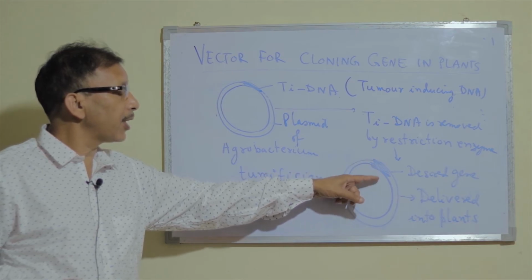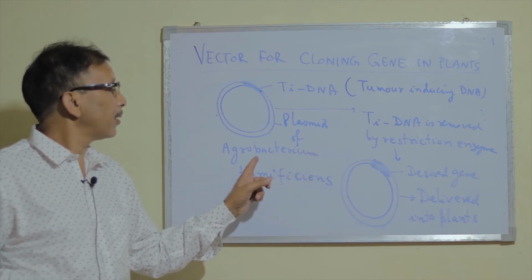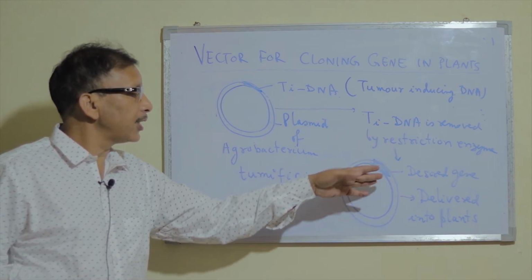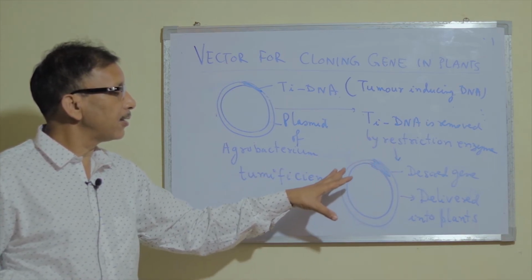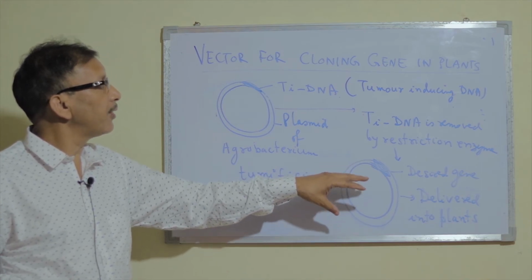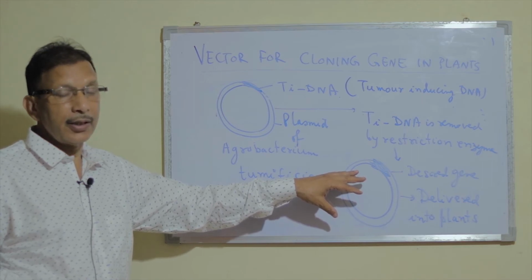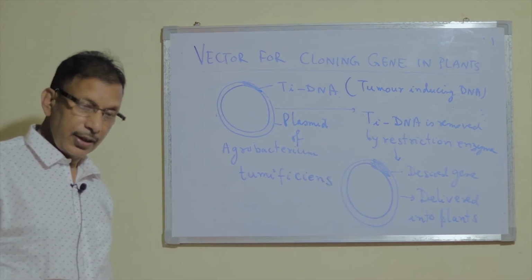They have ligated the plasmid of the Agrobacterium with another desired gene, and this now becomes a cloning vector, and this is incorporated into the plants.